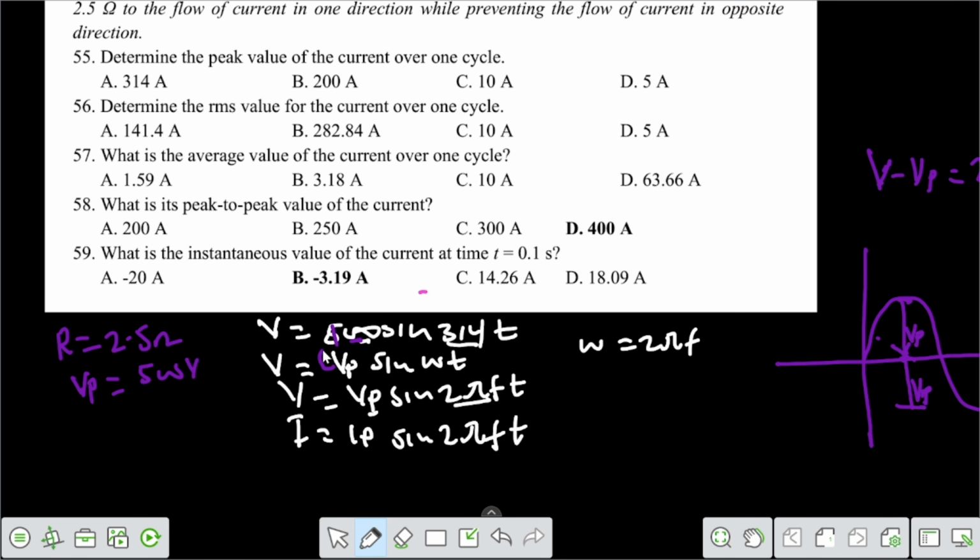Because if you compare this to this, you just need to compare and equate. So our peak current is equal to the peak voltage divided by the resistor, which gives us 500 over 2.5. So our peak current will be equal to 200 amps. This is the result for the peak current.